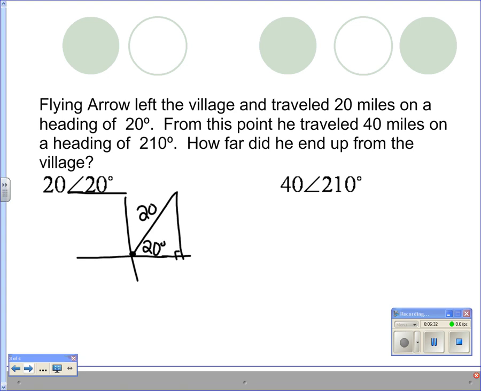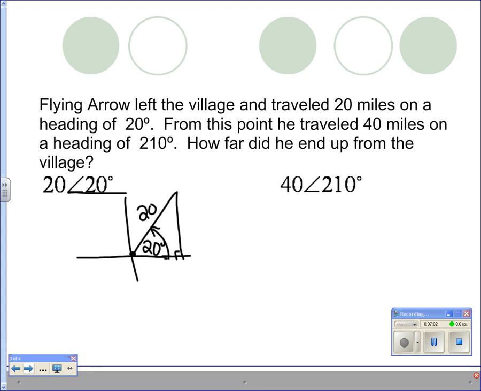Because you start over here, and then you go counterclockwise until you get to 20 degrees. You always draw it to the x-axis. You always start in the first quadrant whenever you're doing these, and go counterclockwise. You always want to go to the x-axis. Does that make sense on this one?